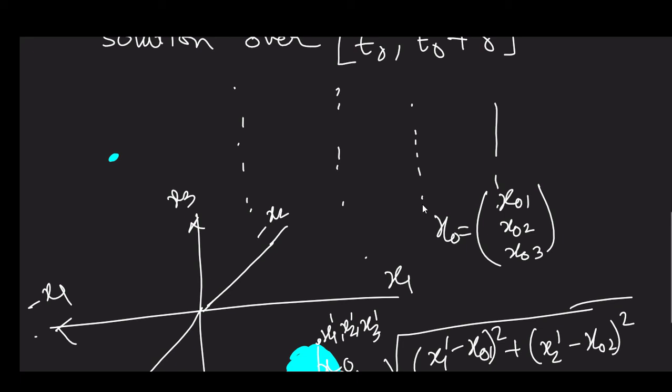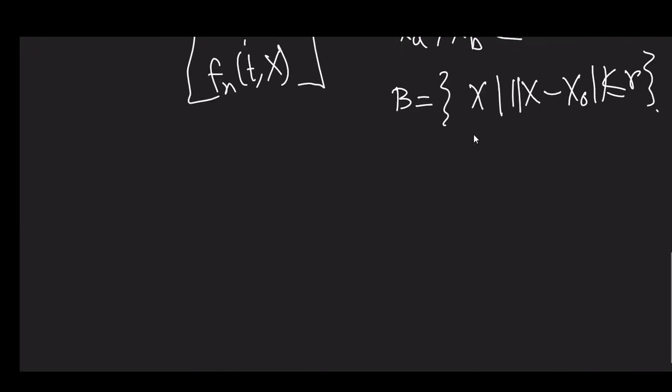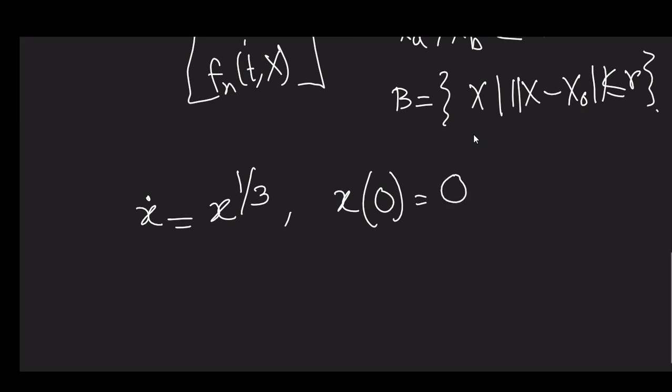So if we consider that one equation which we started with, x dot is equal to x to the power 1 by 3 with initial condition x0 is equal to 0, then what we will see is, is this f of x Lipschitz?